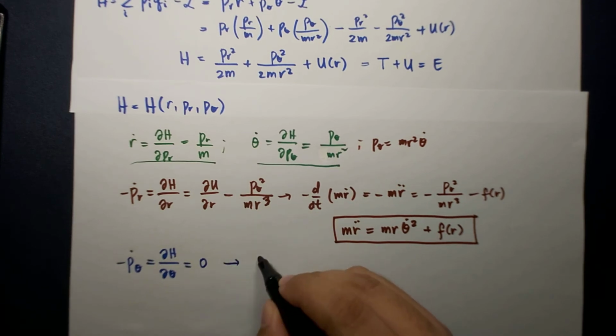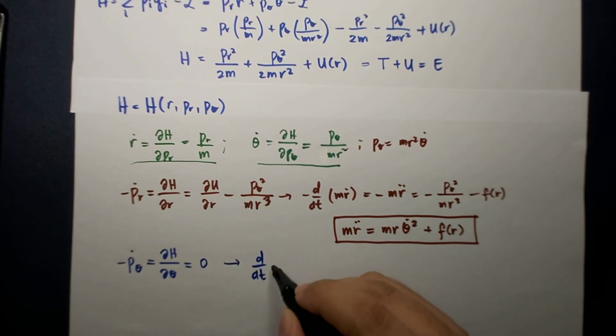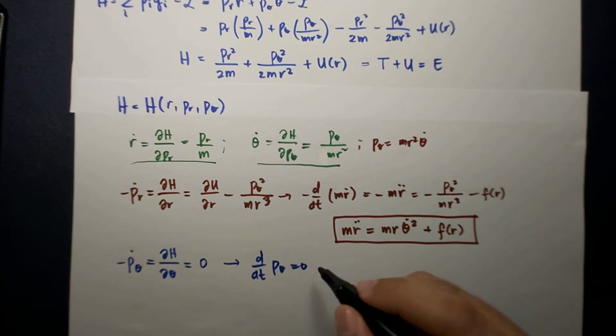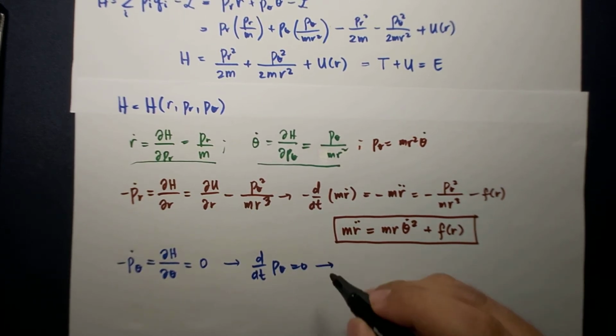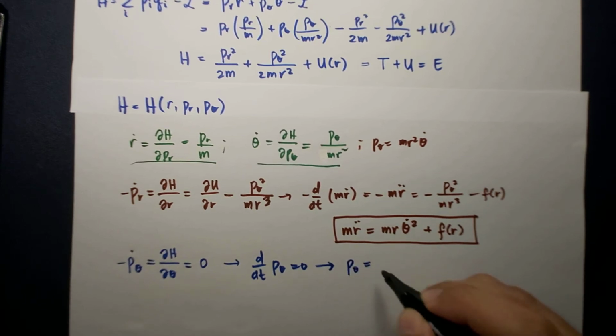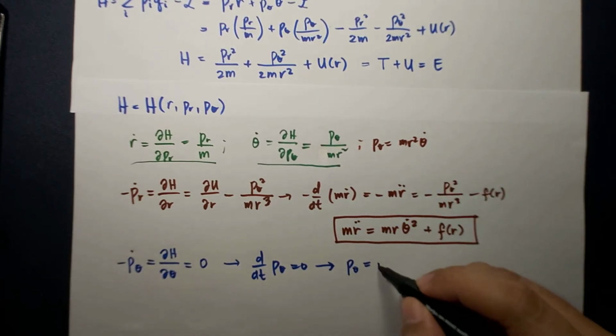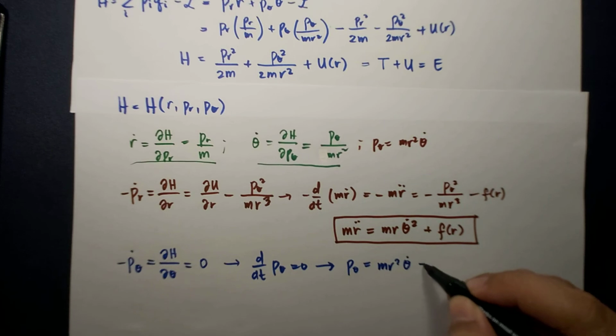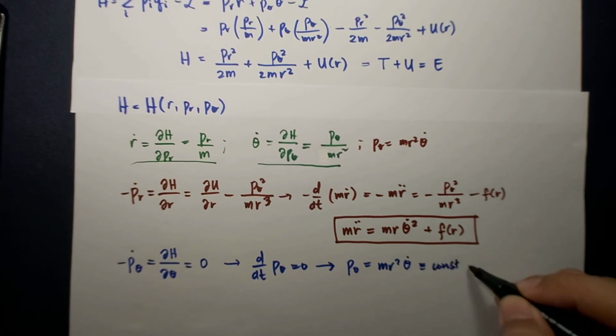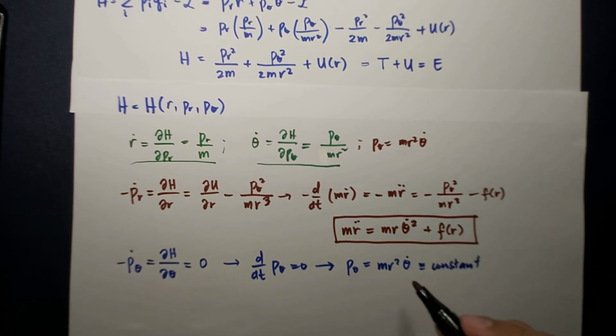It means that the total derivative of P theta is equal to 0, which, as we expect, and as you guess right now, P theta, which is equal to mr squared theta dot, is a constant. Okay, so remember again, that's your angular momentum. Very good.